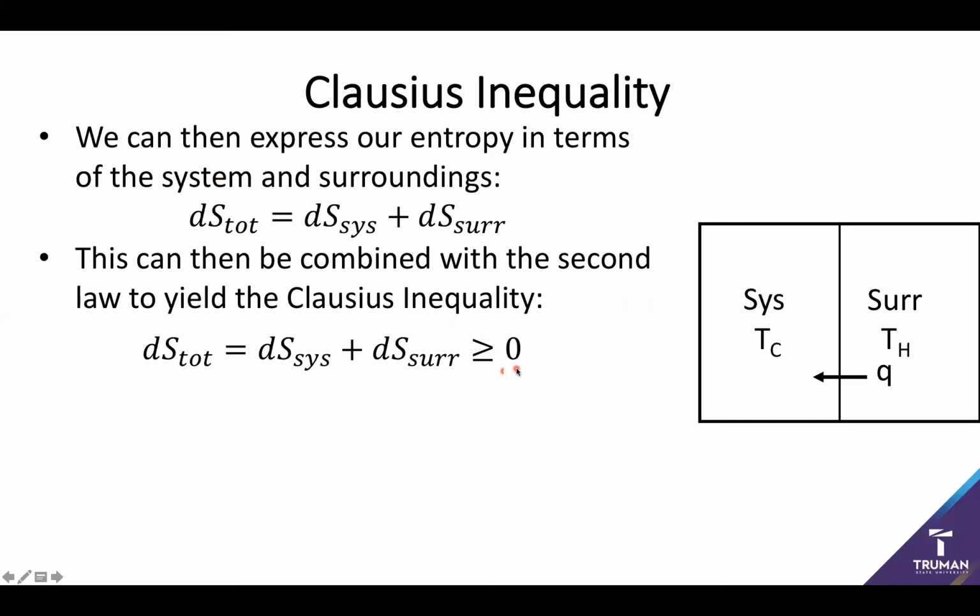So this actually tells us a lot about chemical behavior, because it's going to actually be possible for a system to decrease in entropy. I can have a negative change in entropy, but in order to do so, I have to have a much greater increase in entropy of my surroundings. So this actually explains why it's possible for, say, plants to do photosynthesis.